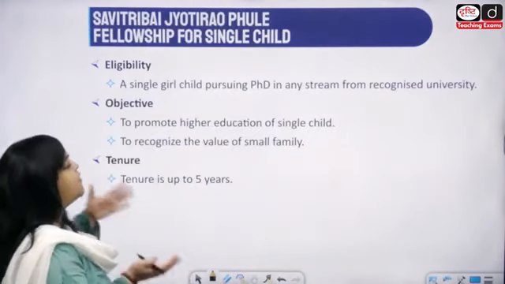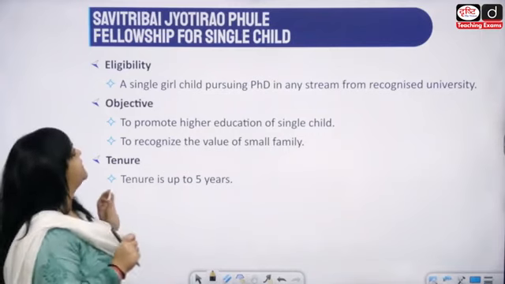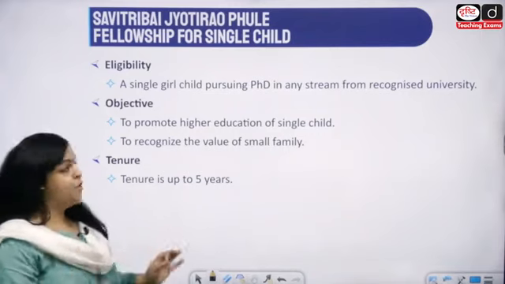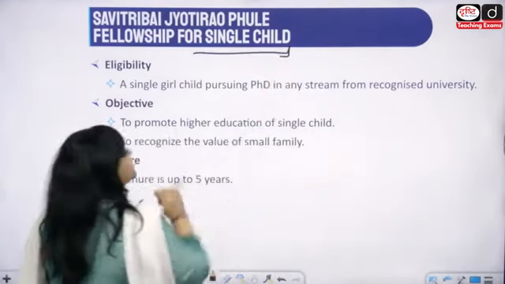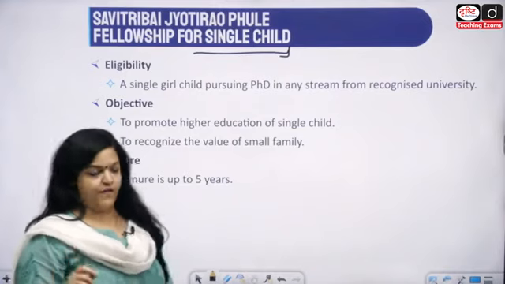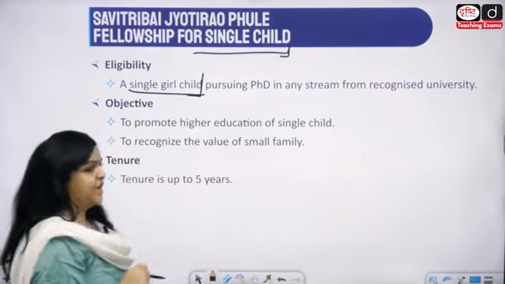All right, let's move on to the last fellowship that we have, and this is Savitribai Jyotirao Phule Fellowship for Single Child. Now, there's a certain criteria that you must fulfill. You have to be a single girl child. This is the first criteria.